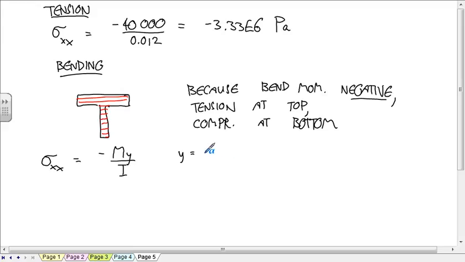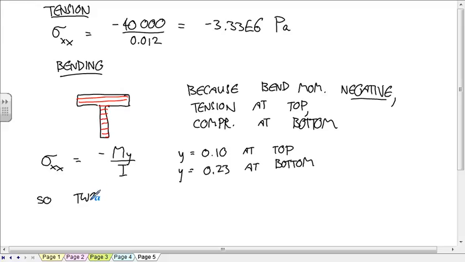So y is 0.1 at the top, and y is 0.23 at the bottom. Okay. So we're going to have a bigger value in compression than we have in tension, absolute value. Right, if you look at this formula, everything else stays constant on this cross section.